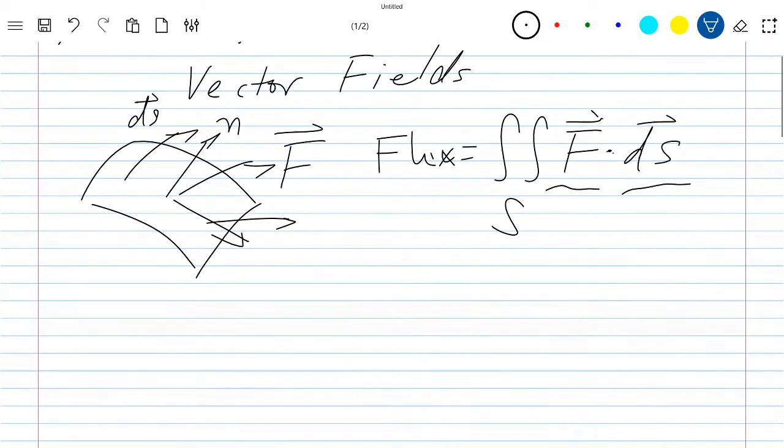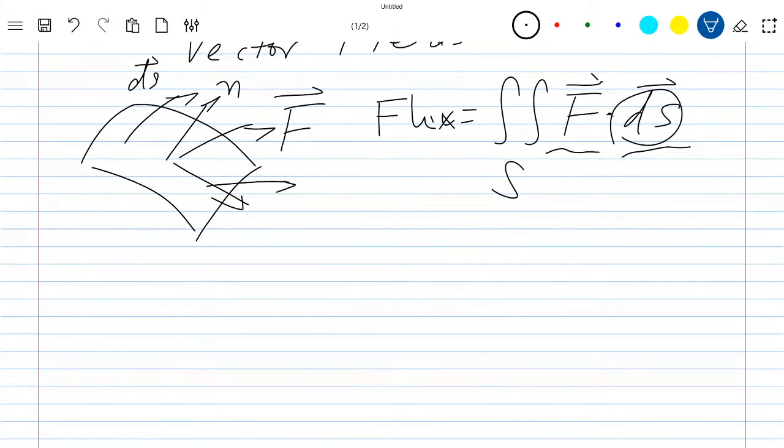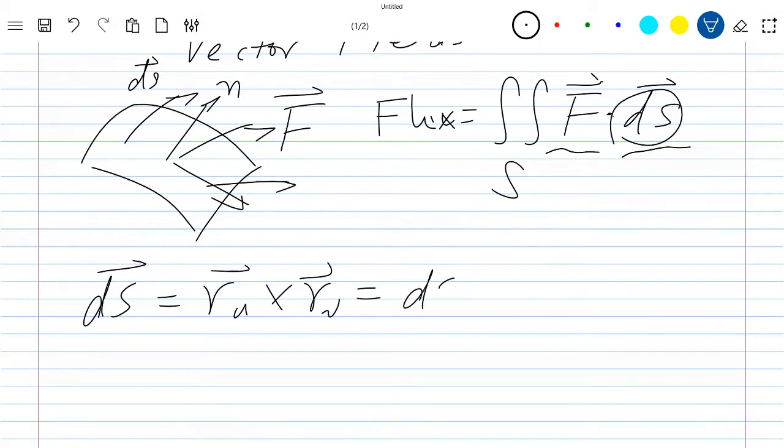And so we not only need to know the value of dS, but also the direction. Fortunately, we can find this dS as a vector just using that formula, Ru cross Rv, and that will give you naturally the vector dS, the normal direction times the area.